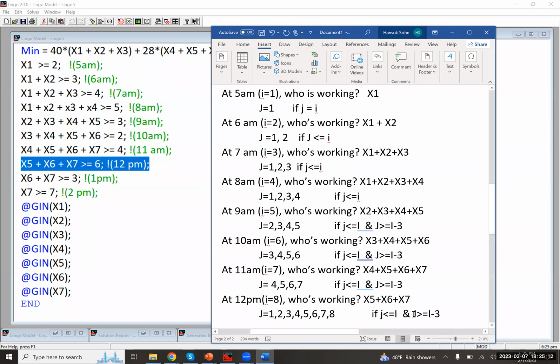And then j has to be at least I minus 3, which is 5, right? 8 minus 3 is 5. So j has to be greater than or equal to 5. So we're going to take those out, right? So with the current conditions, j can take these 4 different values.